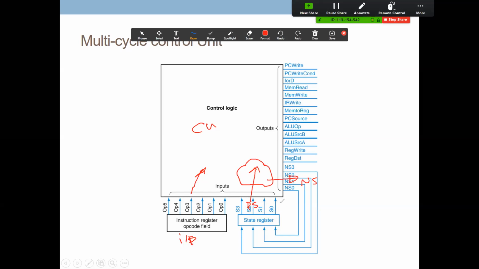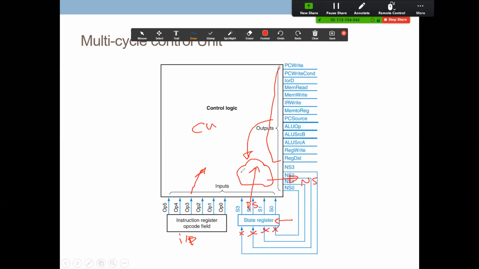These give me a maximum of 16 states, of which I will use 10. This next state stays waiting at the register's door, and only when you get a positive edge on this register do you transition from state to state. Now the other outputs that we want are available here, and then you have some logic circuit to calculate the value of each of these. This calculation is governed by the fact that, as we saw, they are a function of the state you are in, so they will mostly all be a function of the present state. Okay. But we'll see shortly how we can actually do this.